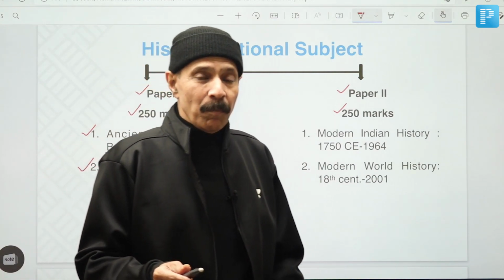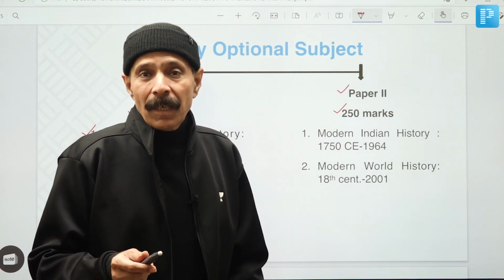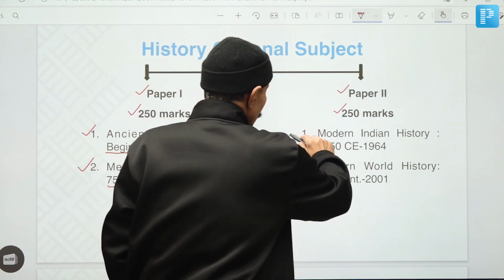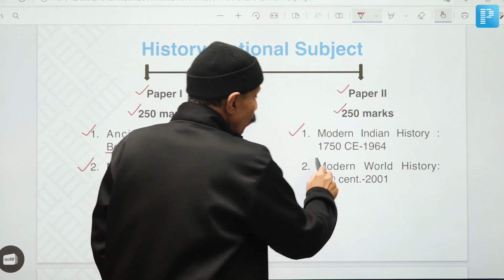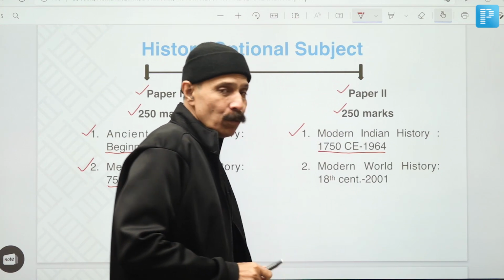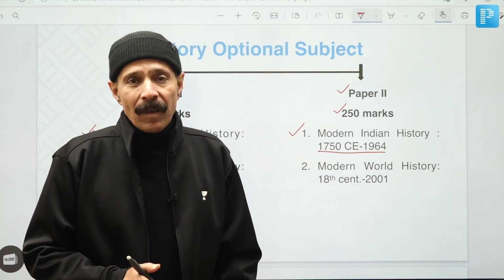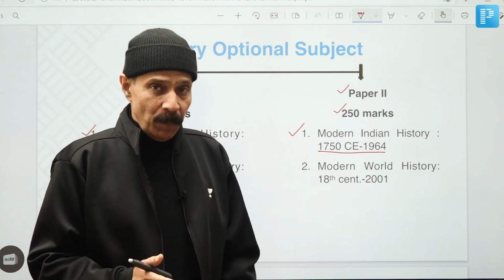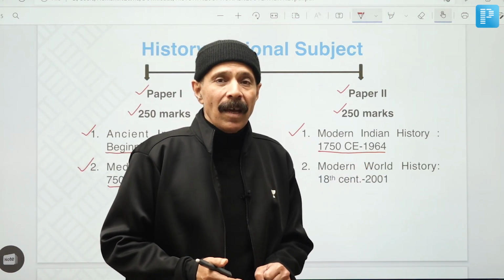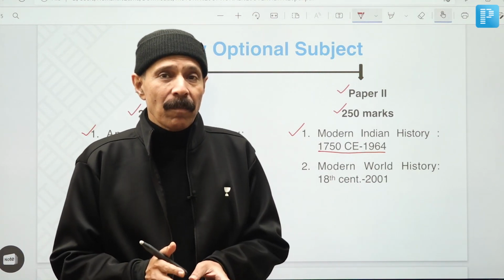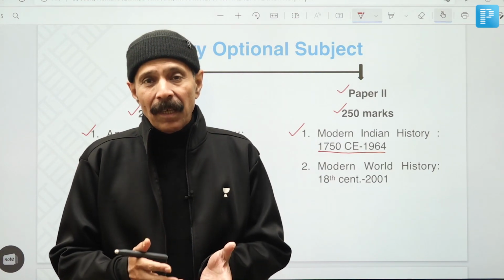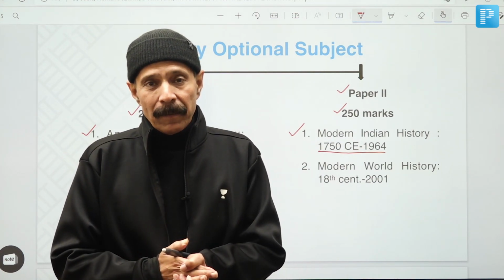And similarly, paper 2 also consists of 2 sections. One, Modern Indian History, whose chronology is 1750 CE to 1964 mainly. Though there are a few topics that go beyond 1964, and they are regionalism, Dalit movements, and environmental policies and movements.